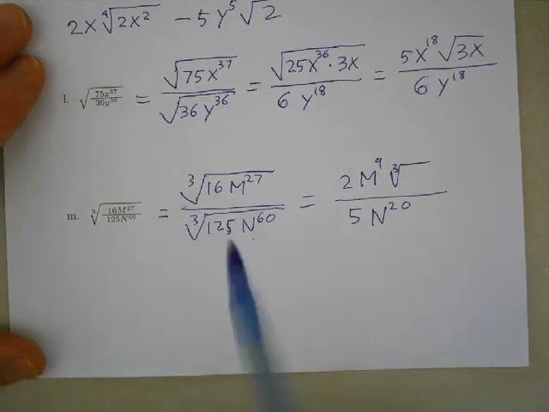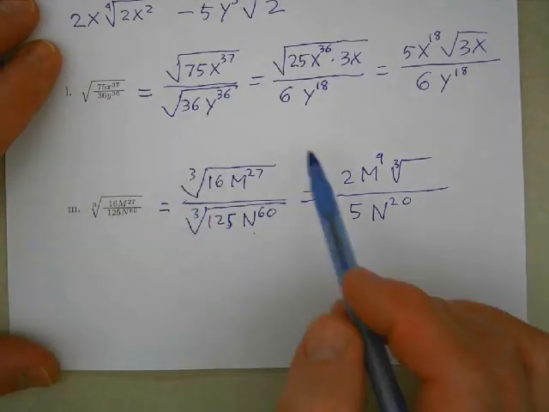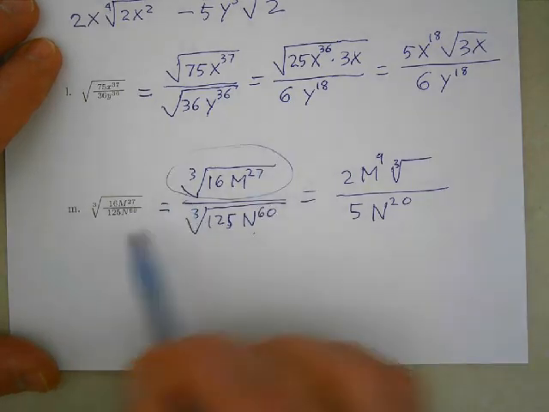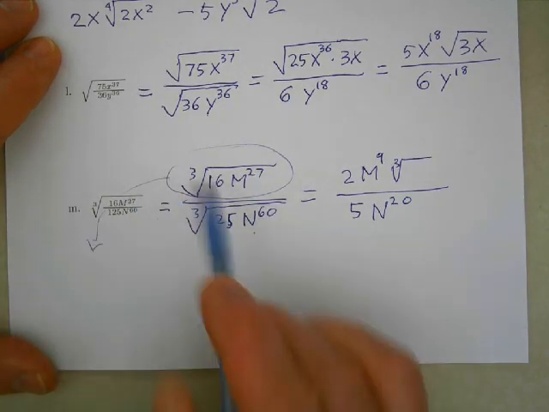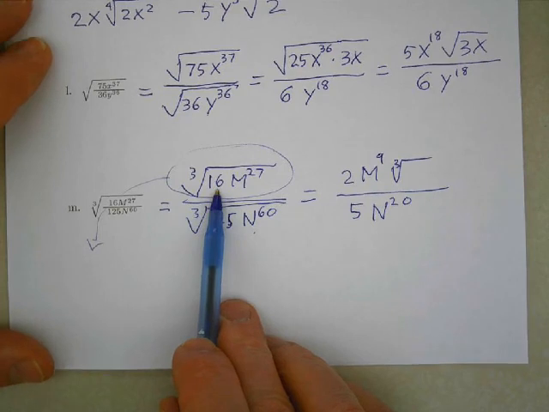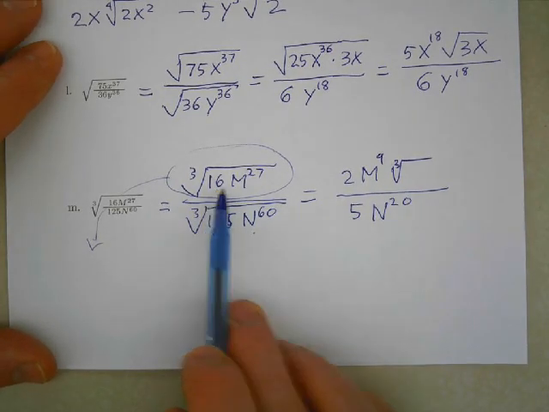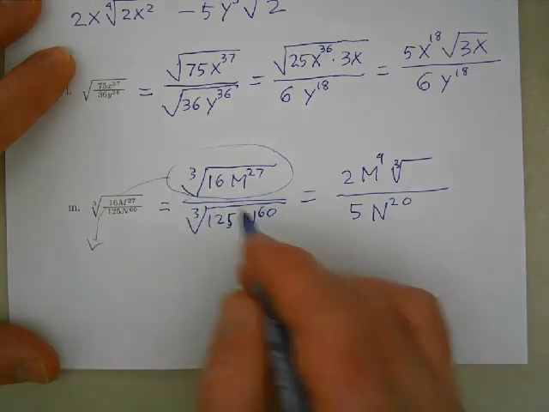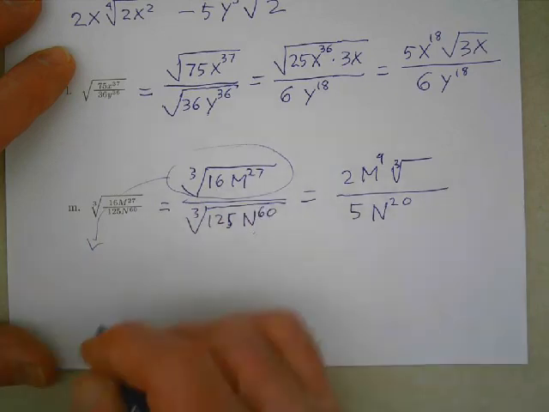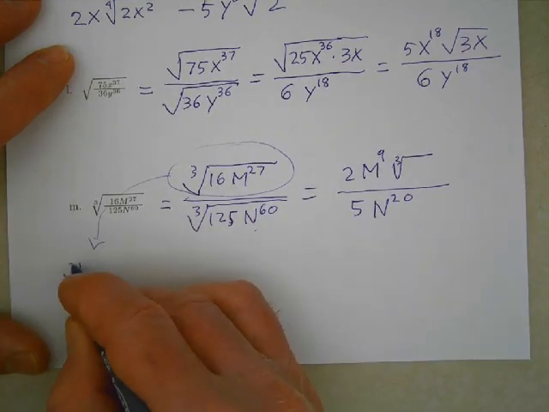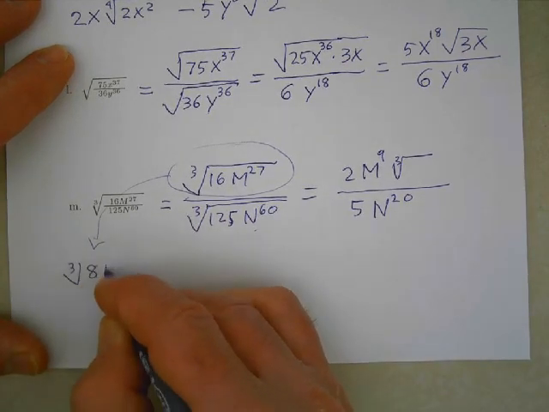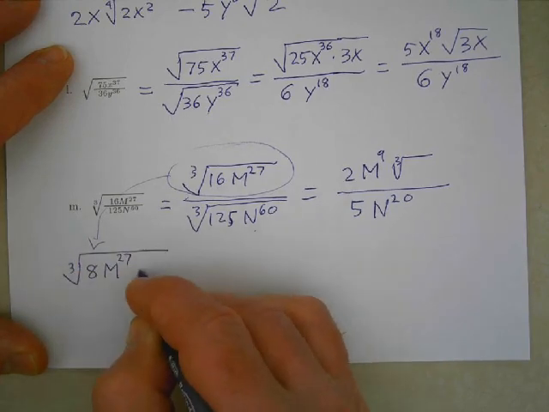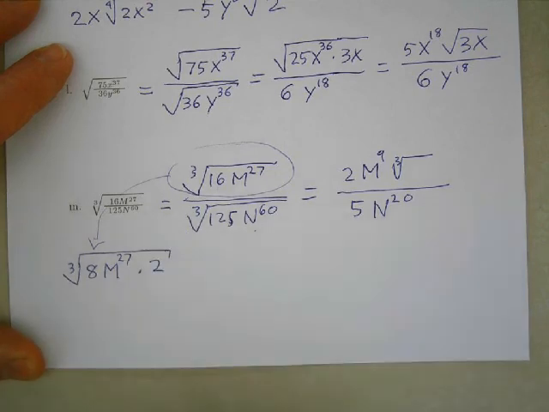In the numerator, I'll simplify this in a couple of steps. The largest factor of 16 that is a perfect cube is 8. M to the 27th is a perfect cube because 27 is a multiple of 3. So we can rewrite this numerator as the cubed root of 8 m to the 27th, and then multiplied by 2.